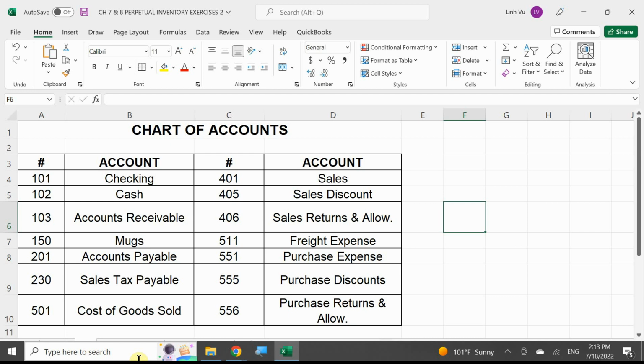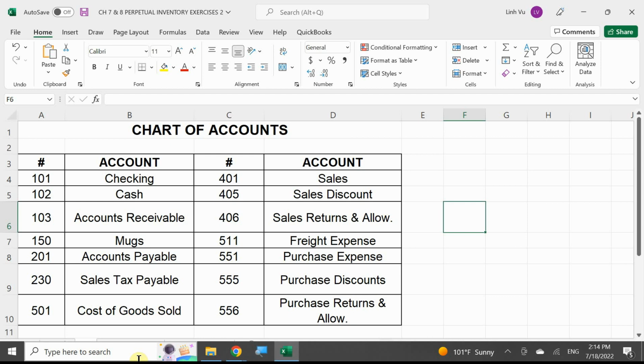So first things first, you need to recognize that you sold the merchandise before recording that you're going to adjust it. So first you do accounts receivable, then cost of goods sold, but then you do the mugs.